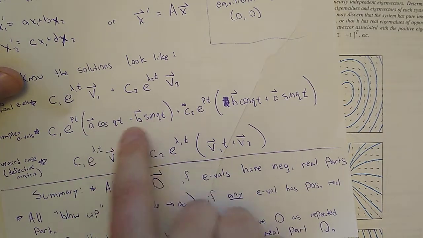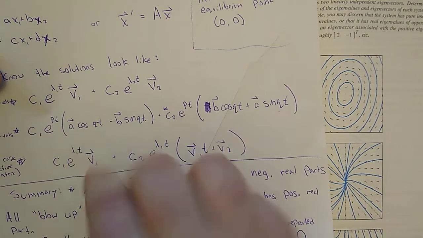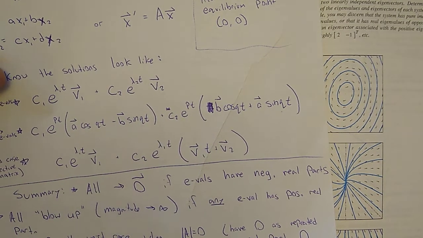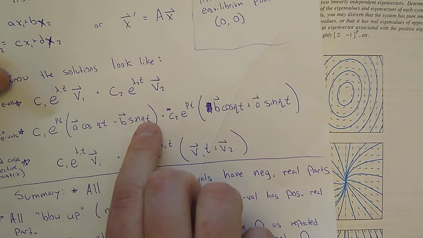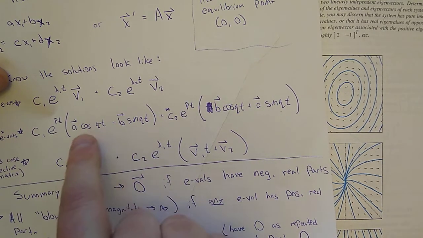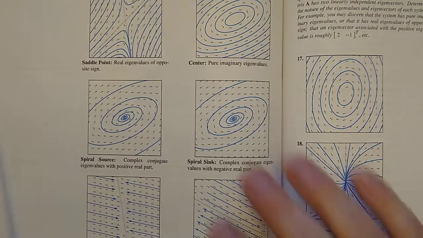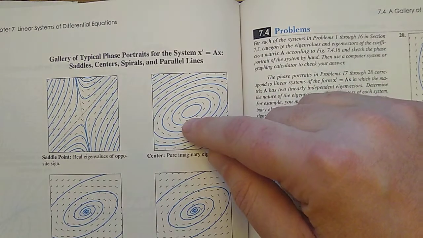This periodic thing in parentheses, and also this one, they're basically tracing out an ellipse. That's what you get if you take a vector times a cosine plus another vector times a sine and graph that. You're going to get the graph of an ellipse. And here, like this picture.